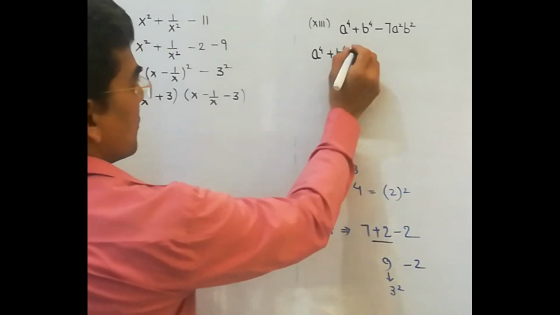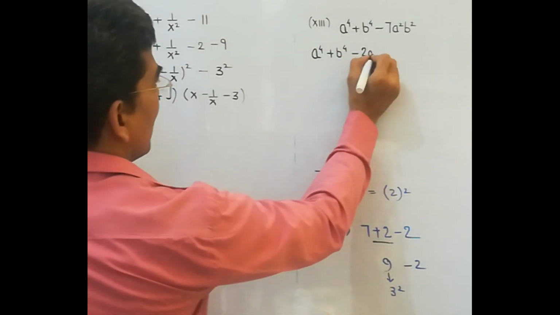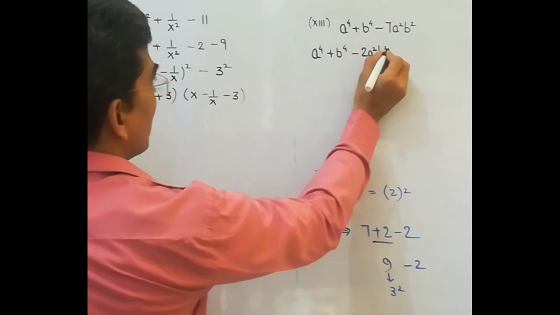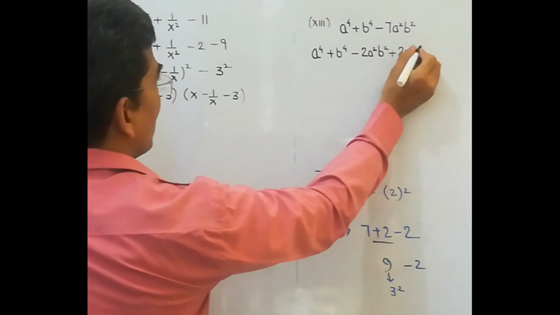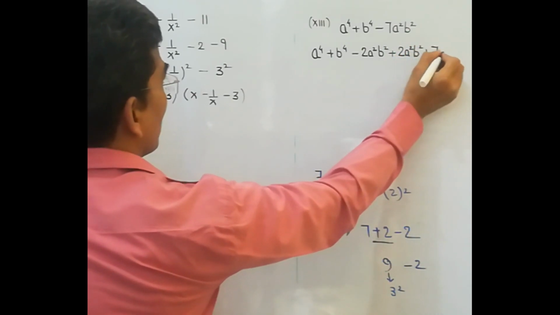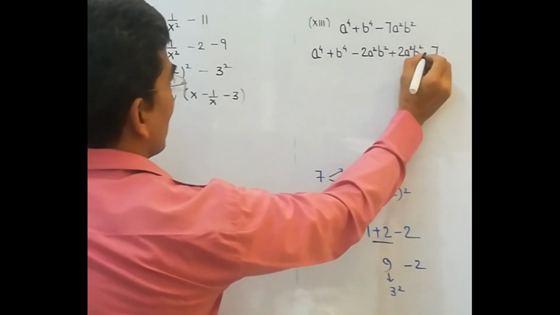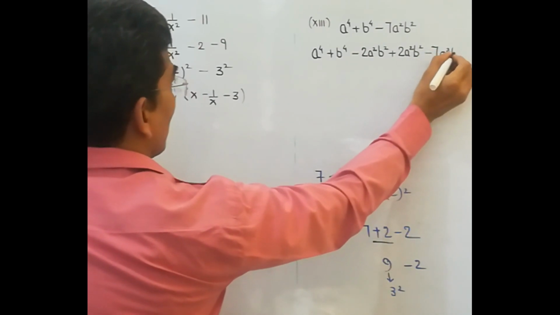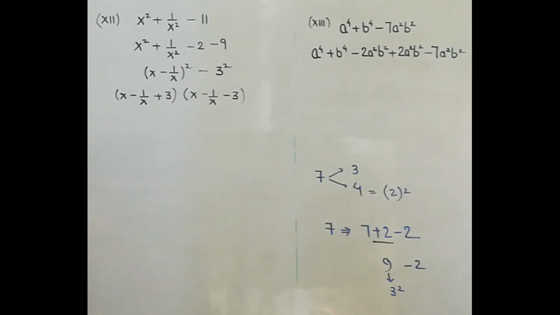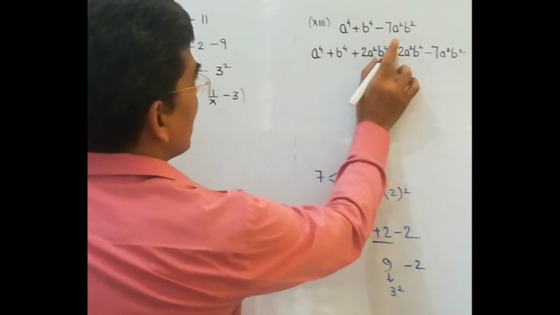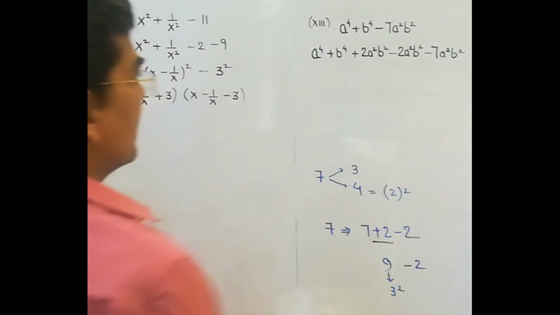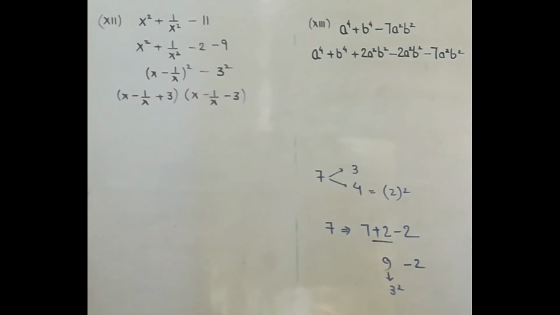So this minus 2, a square b square, then plus 2. See, still the result remains the same. Hope this is clear too.